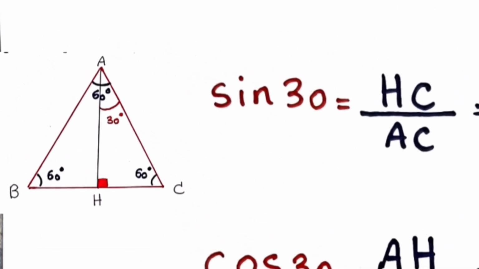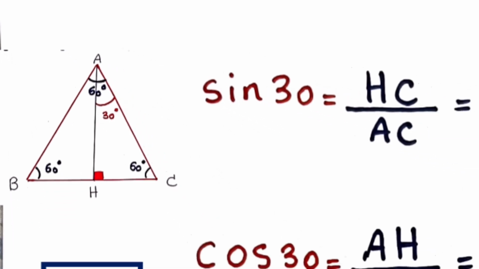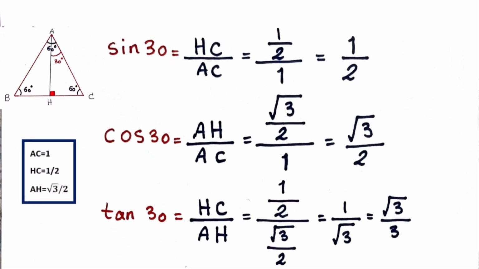Look at the 30-degree angle shown in the triangle. We will write the trigonometric ratios for it. The sine of this angle is the size of the side opposite to this angle, that is HC, divided by the size of the hypotenuse, that is AC. Memorize it like this: the sine of any angle is the opposite divided by the hypotenuse.